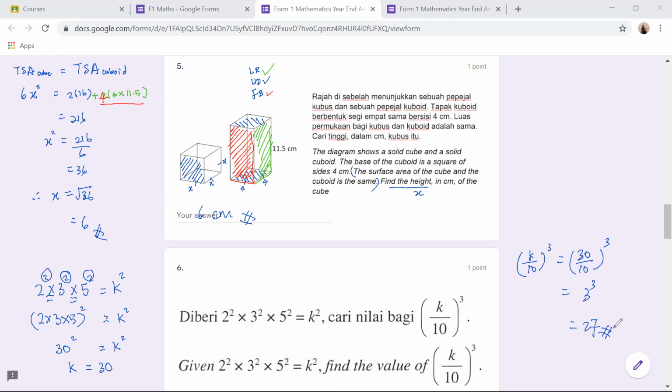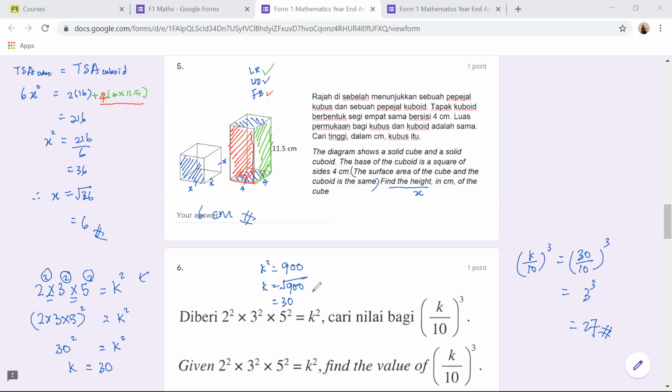Now, let's say you don't know how to do this. You can always use the calculator. Just use the calculator to calculate 2 squared times 3 squared and then times 5 squared. You get 900. So k squared equals to 900. Therefore, k equals to square root of 900.